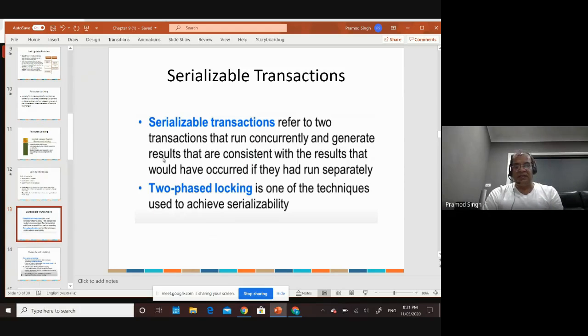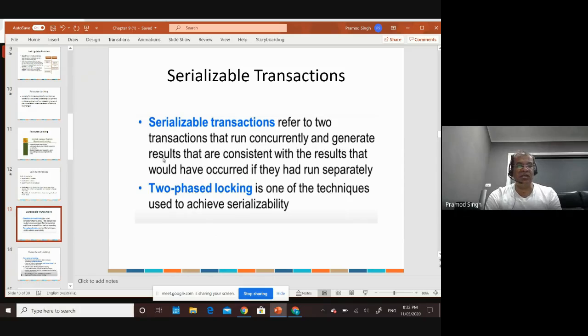Serializable transaction. Whenever multiple users are using the database and they are asking for the same record to read and modify, it should appear as if both the transactions, both the processes, are running one after another. However, in the real sense, both the transactions are interleaved.